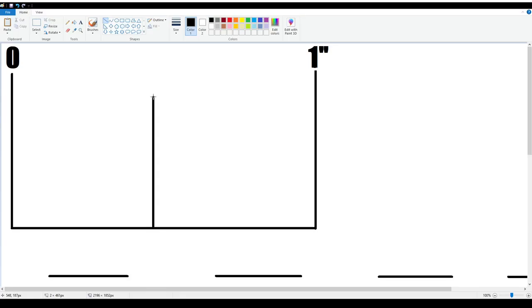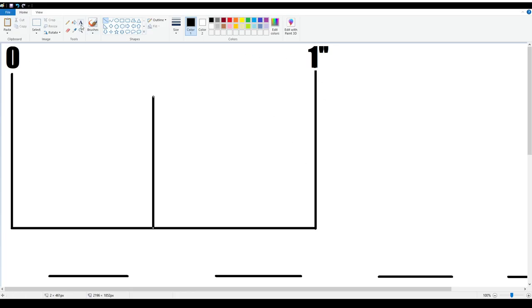It's only maybe about 80% the length of our 0 and 1-inch line. The half-inch lines are going to be a little bit shorter than our whole number lines. So the half-inch fraction of an inch is always going to be shorter than the whole number vertical line.